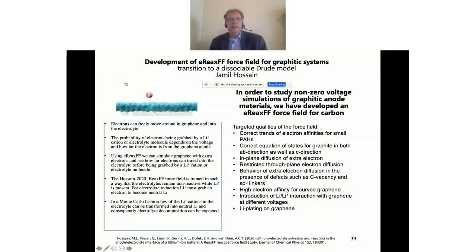He managed to extend this to lithium graphene interfaces, where we can do this simulation. This is a lithium cation. We have an electron-rich graphene, and during the simulation, an electron jumps from the graphene to make a neutral lithium that can now essentially make a metal.